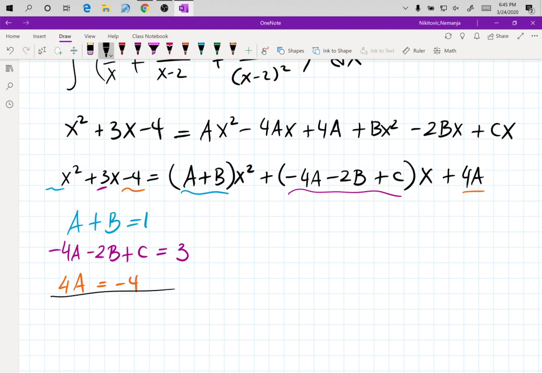Now we have a system. A is negative 1. If a is negative 1, b is 2, because of blue, right? And then the purple equation gives me 4 minus 4 plus c is 3, because a is negative 1, which gives me positive 4. And then plus 4 minus 4 cancels, so c is 3.